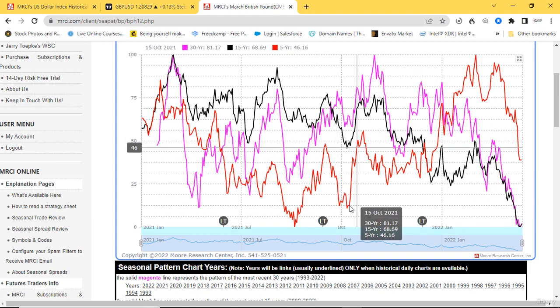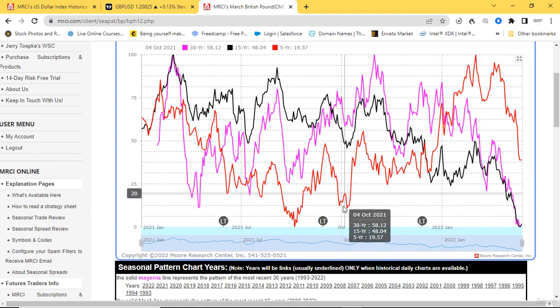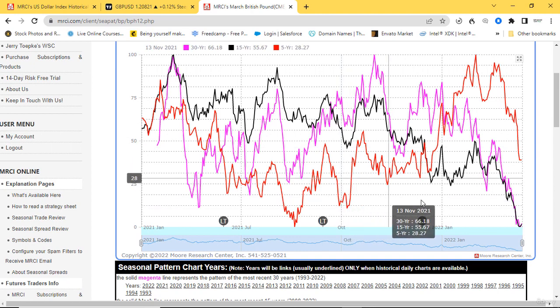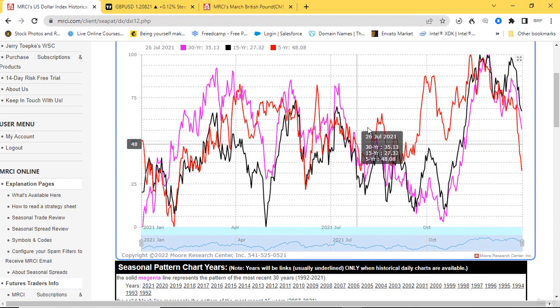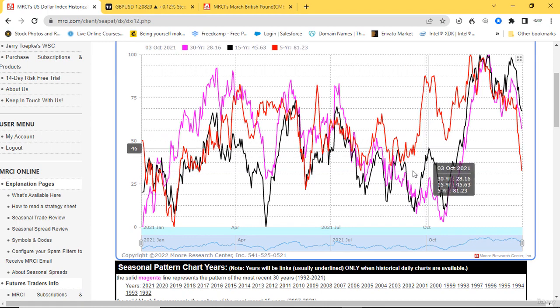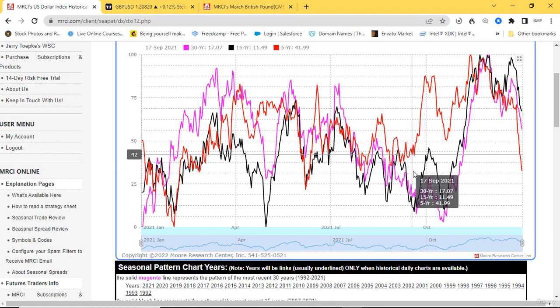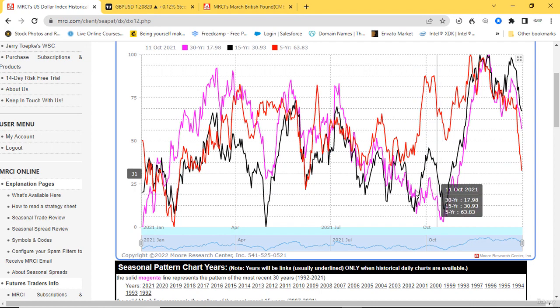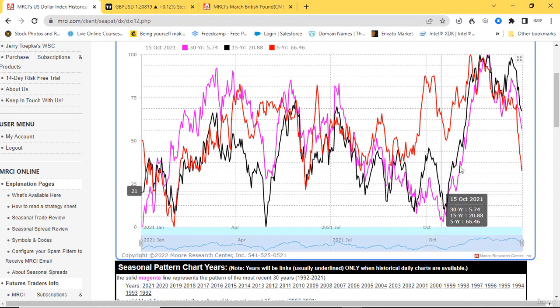You can see the time to buy here is in the last quarter.